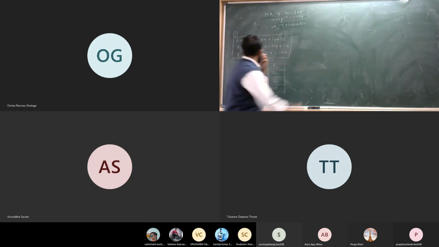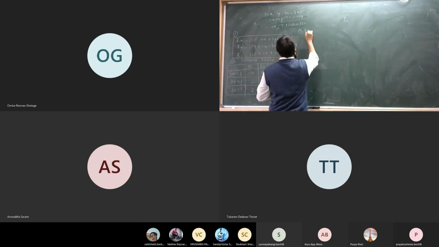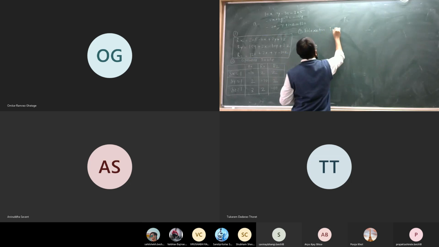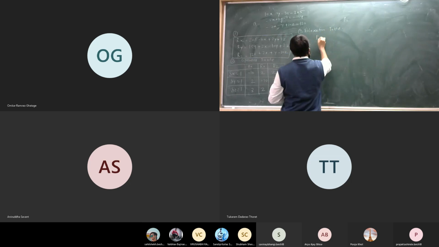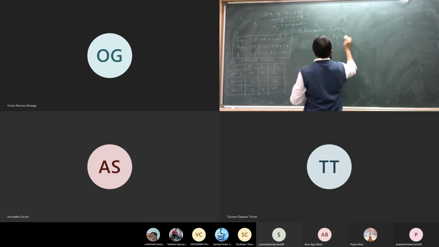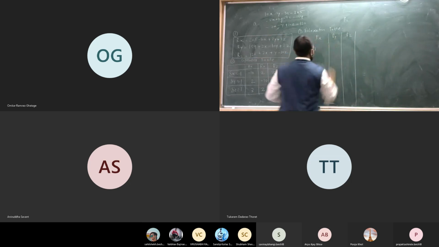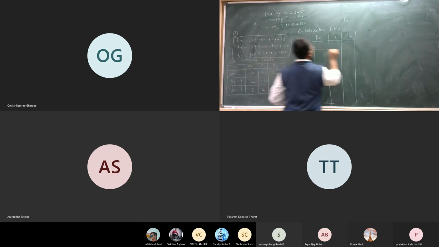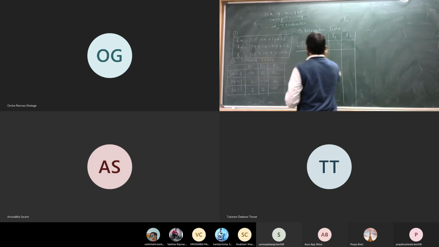The third part we have to do is write a relaxation table. Same Rx, Ry, Rz. Initially, we have to consider x0, x, y, and z equal to 0, and we have to reduce that particular part to 0.